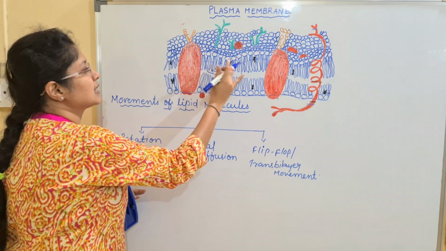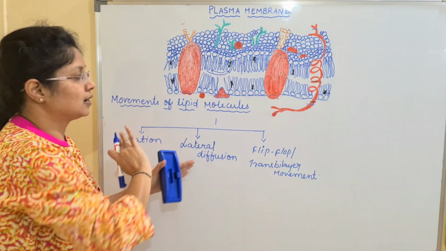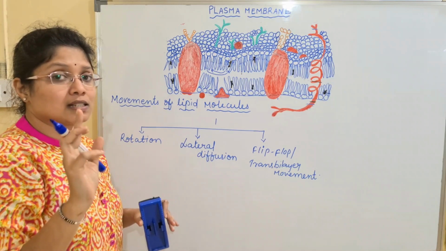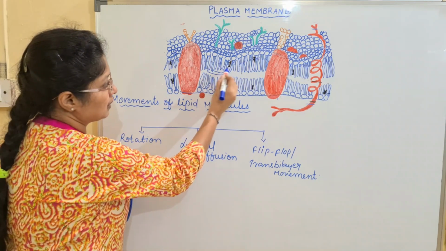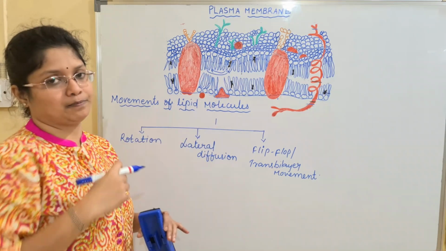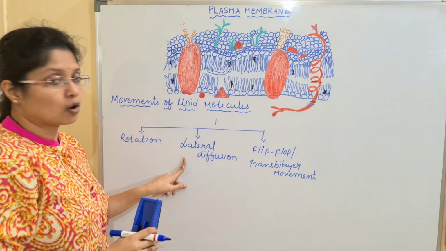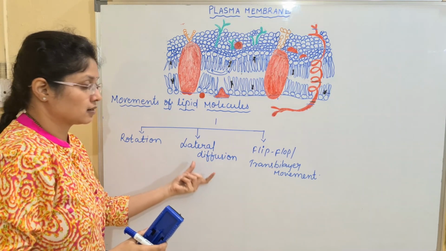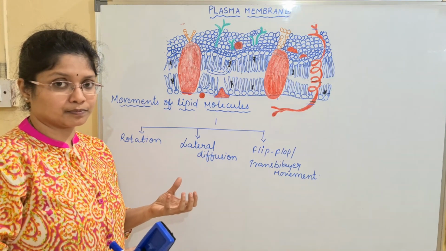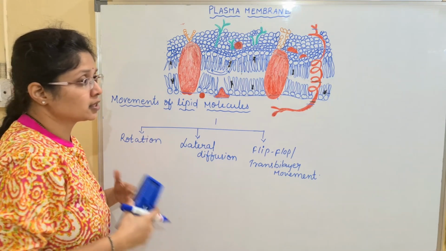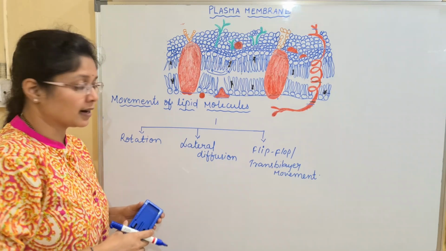This movement is said to be lateral diffusion, and it takes place in the same plane. If it takes place in the same plane, we call the movement or exchange lateral diffusion. As it is fluid in nature, it will show different types of movements, right?